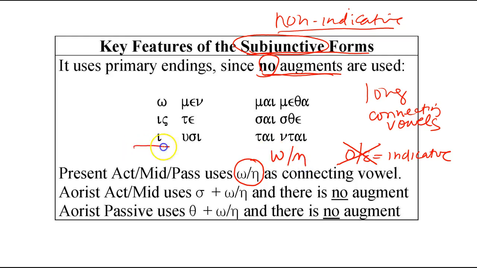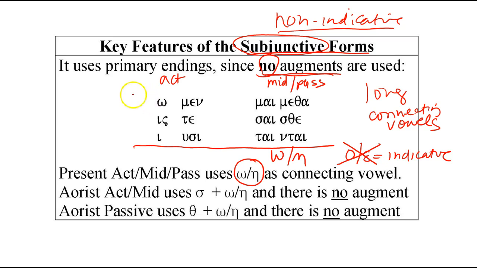And so what I try to do here is show you the active suffix endings and the middle passive suffix endings. These are the bare suffixes without the connecting vowels. You're used to memorizing them with the connecting vowels: o, eis, ei, omen, ete, ousi.